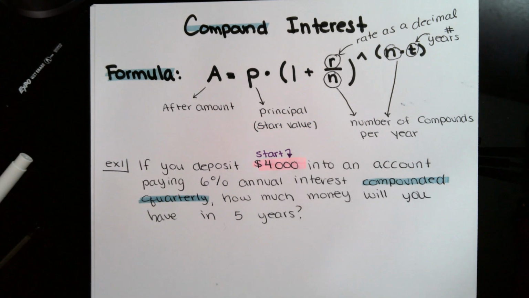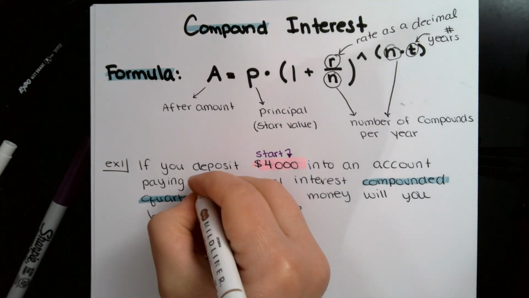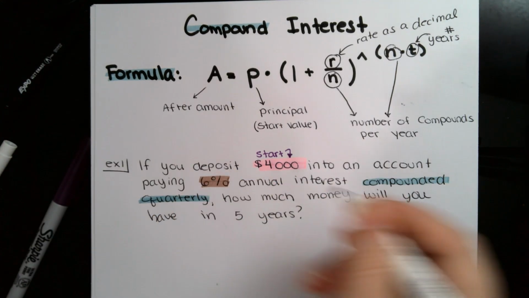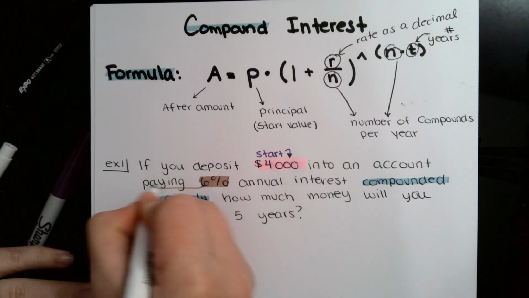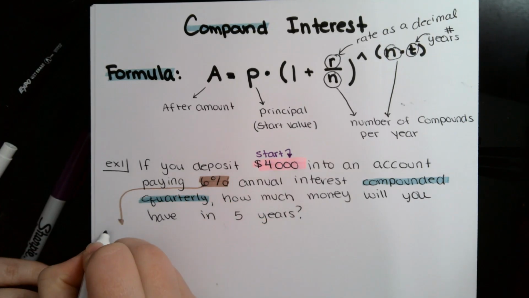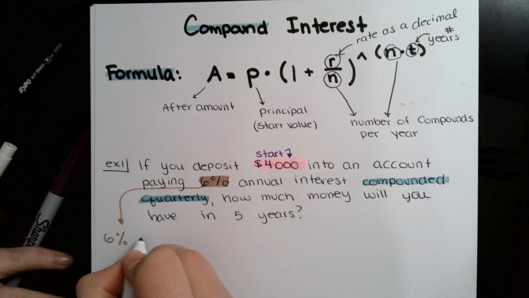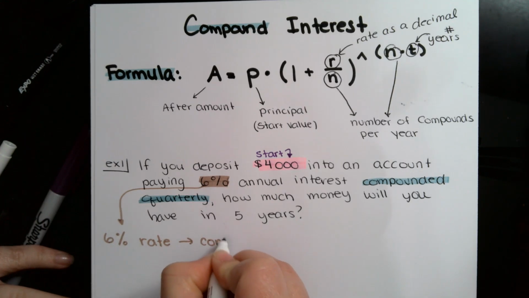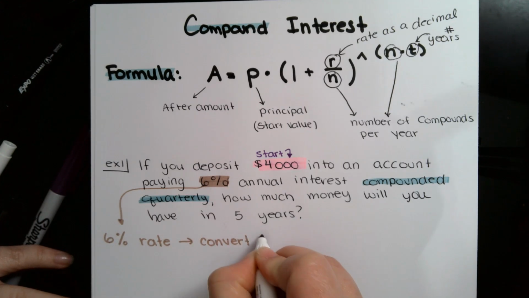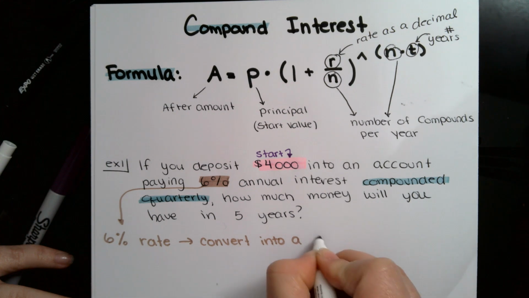And this account is paying us 6% as an annual interest rate. Now, it doesn't use the word rate, but because it's a percentage, it's going to be our rate that needs to be converted into a decimal.